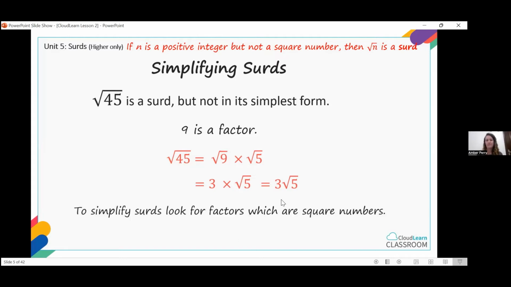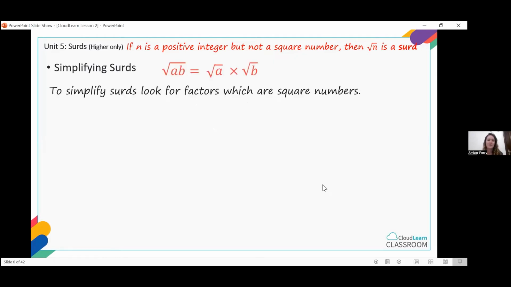Okay. So what you have to do when you want to simplify surds is look for factors which are square numbers. So let's have a go at doing that now. The square root of 12 is a surd. 12 is not a square number in itself, but it does have a factor that is a square number. I'll let you have a think.